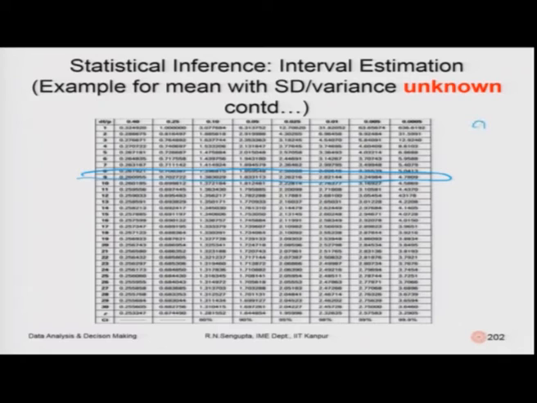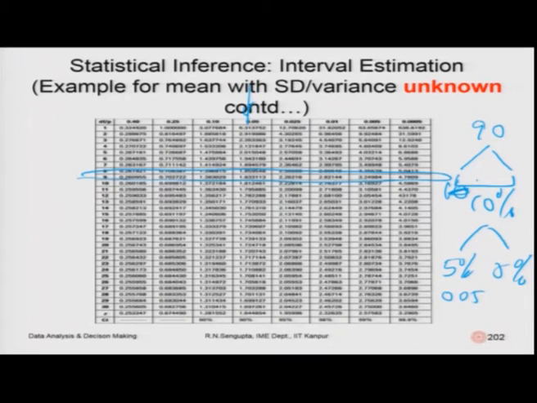It was 90%, so the overall area left and right is 10%. So, 10% is the total coverage, and it will be divided into 2 equal halves, 5% and 5%, technically 0.05. So, for the 0.05 value, it comes out to be 1.83313. Utilize that value to do the calculation.